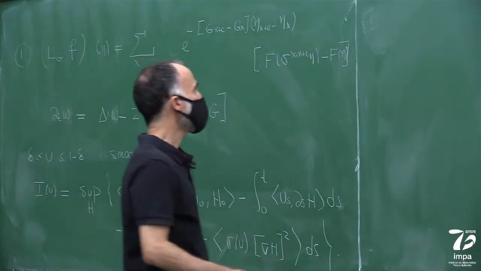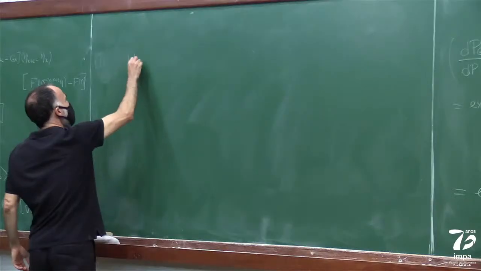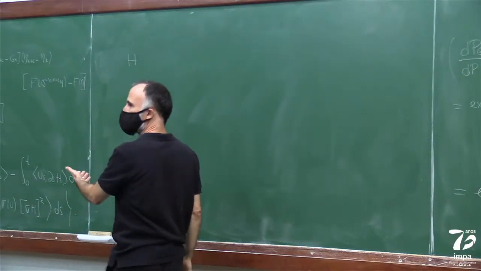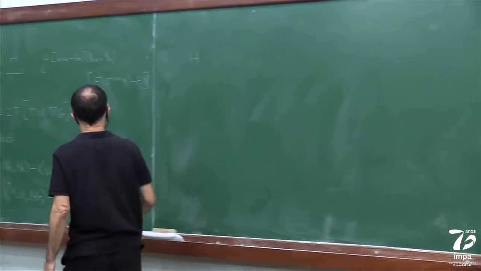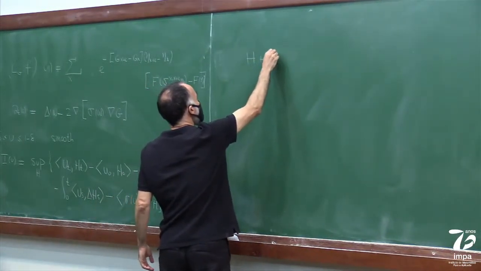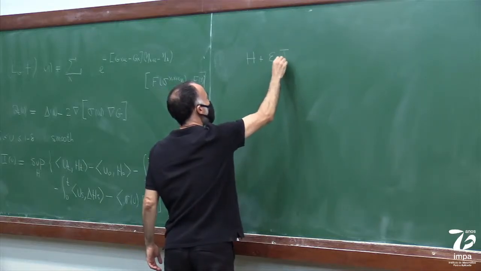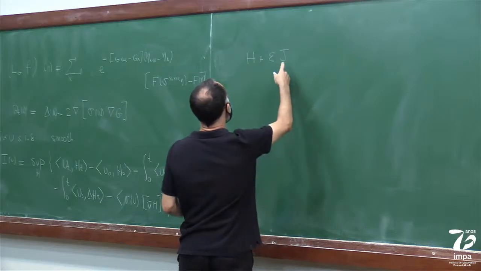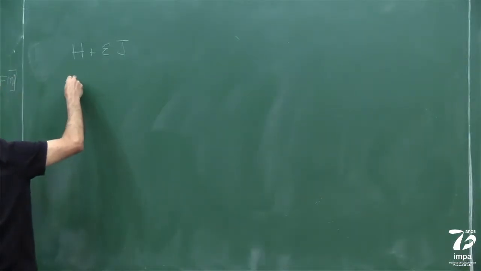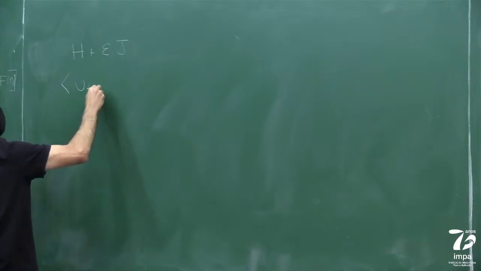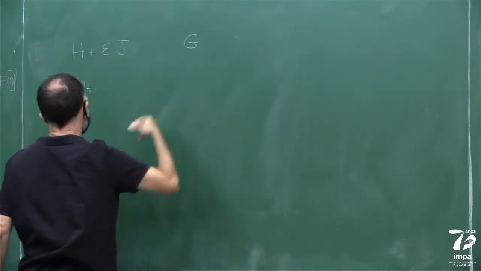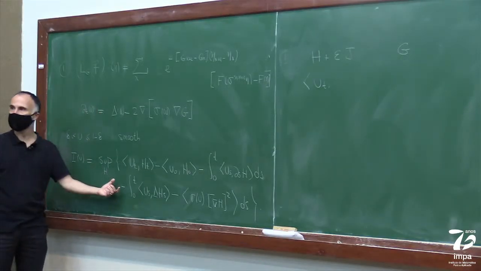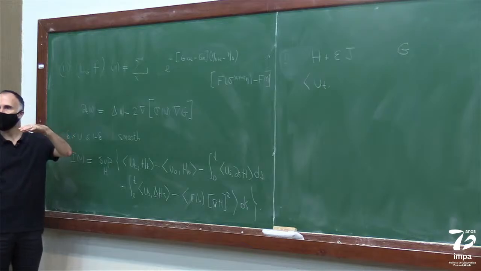So what is the equation for the critical point? You take h plus epsilon times j, and you write down this expression, and you send epsilon to 0 to get that. So if g, let's say that g is the function which minimizes this expression, so g it's a critical point.